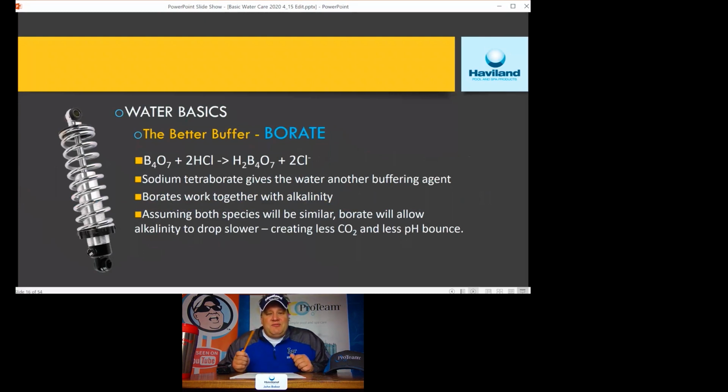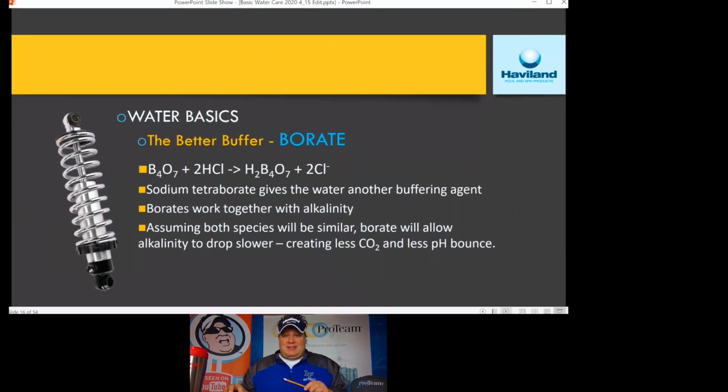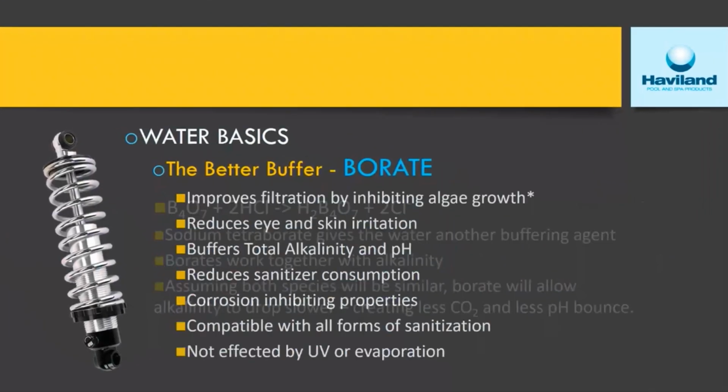But the beauty of borates is it's not affected by that acid like the carbonates are. So what does that mean to you? It means a very stable pH without having to worry about those swings. So we can maintain a much better water balance or water quality by the addition of one product, borate.